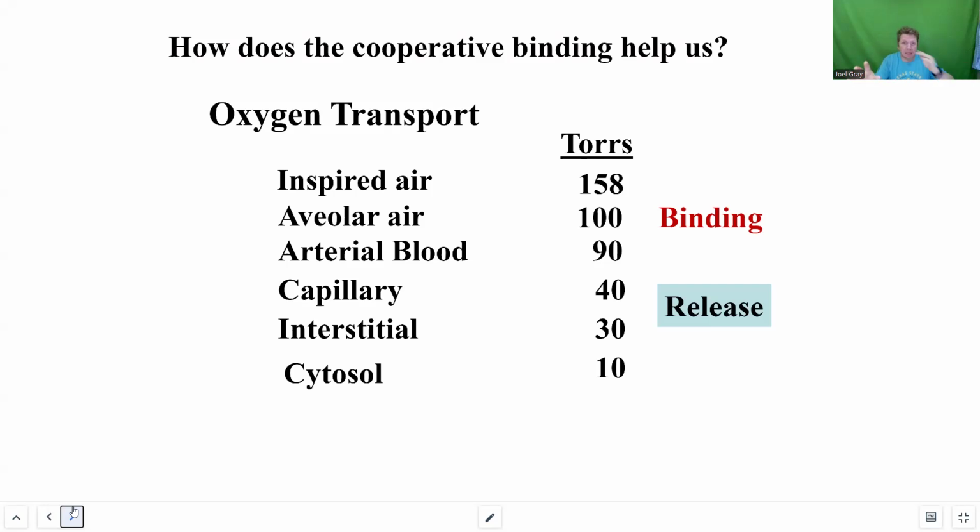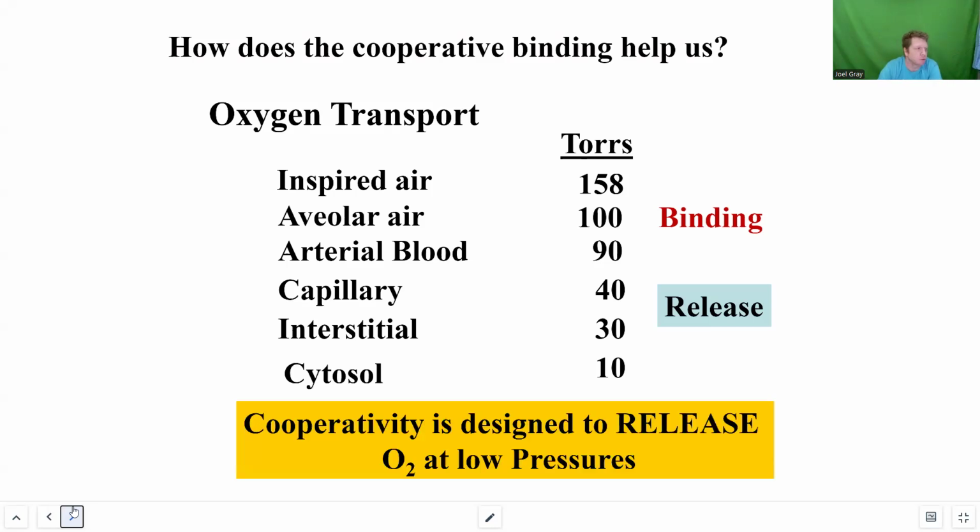So I'm going to deposit some and release this. And as soon as I release it, I'm kind of like, ooh, this isn't really a safe place for me, so I've got to get out of here because I prefer to have all four O2s bound. So this positive cooperativity, and cooperativity in general, is designed to release O2 at low partial pressures of oxygen.